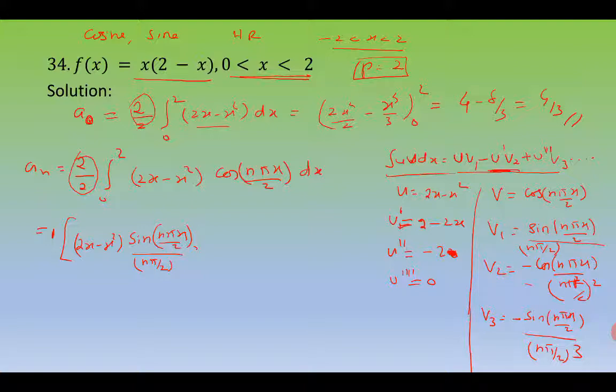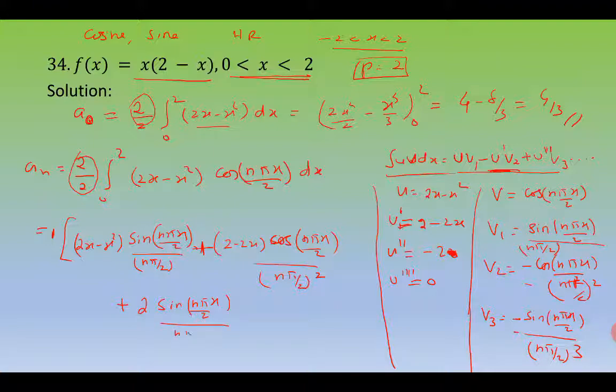V2 is negative, so it will be positive: 2 minus 2x times cosine n pi x over 2 divided by n pi by 2 whole square. Third term is u double dash, which is negative 2, and this is negative, so everything is positive: 2 sine n pi x over 2 divided by n pi by 2 whole cube, and it's from 0 to 2.